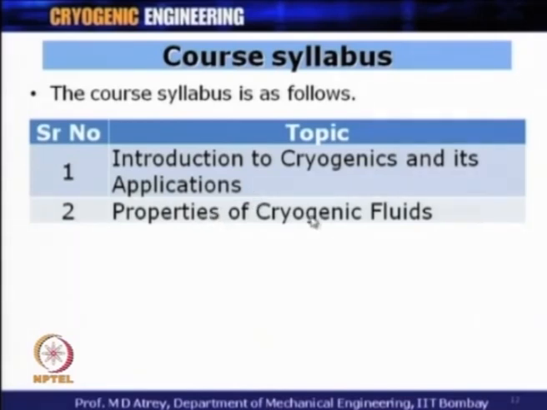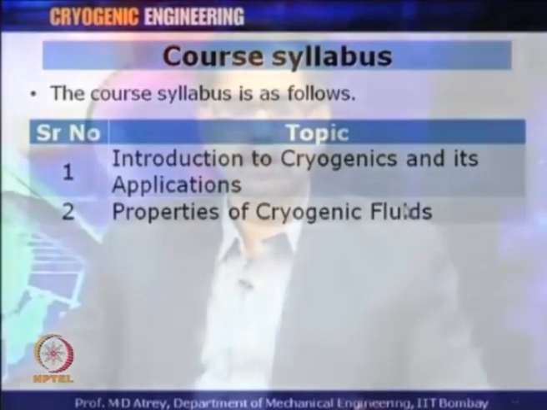For example, liquid oxygen has a boiling point of 90 Kelvin. It has its own density. Liquid helium has a boiling point of 4.2 Kelvin. So there are various important properties associated with these cryogens or cryogenic fluids. Depending on the end use or the requirement, you will select a cryogen.